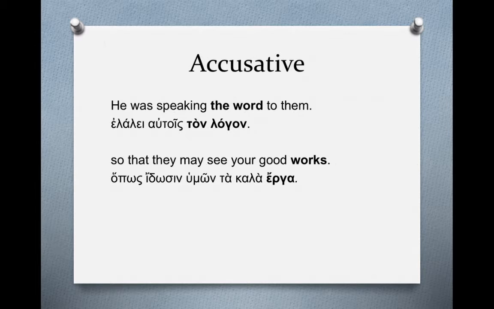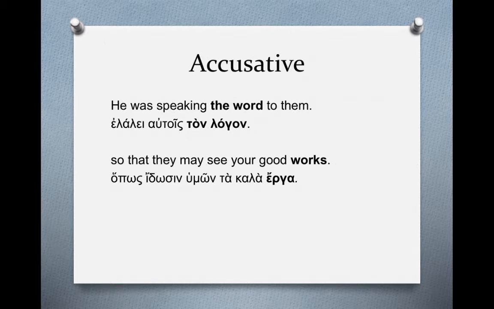And it ends in the alpha here. Well, if we go back to our chart, the neuter words that end in alpha can either be nominative plural or accusative plural. And as we work through this sentence, that they may see your good works, it's got to be the accusative plural. And since it's plural, we'll include the s in our translation, so it won't just be work, it'll be works.